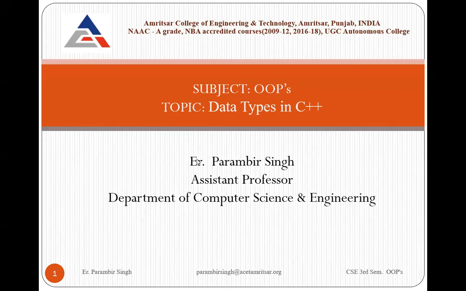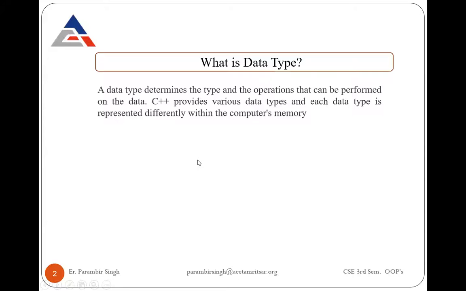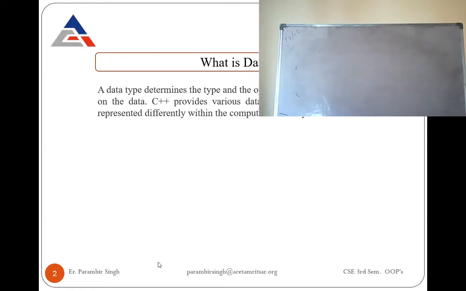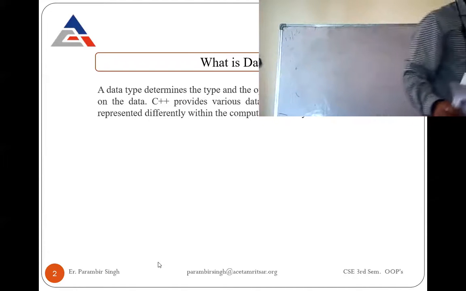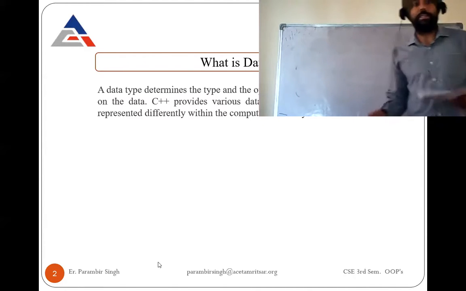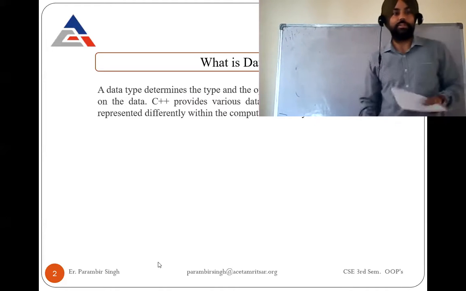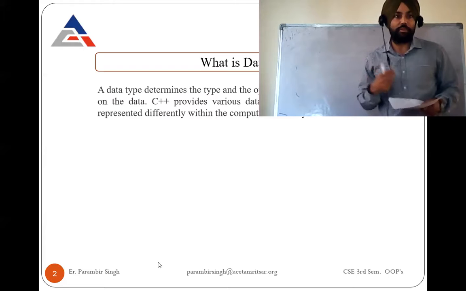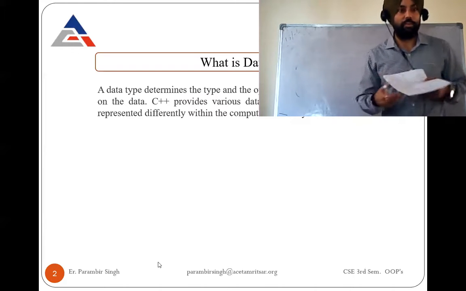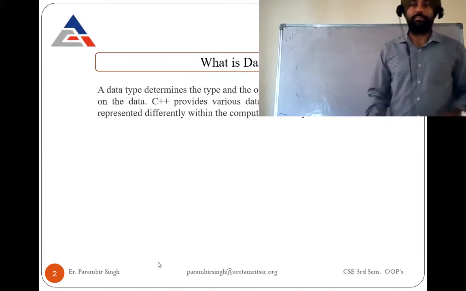So first we will learn about data types, what they are exactly. A data type determines the type of the operator and the operation that can be performed on the data. C++ provides various data types, and each data type is represented differently within the computer memory.